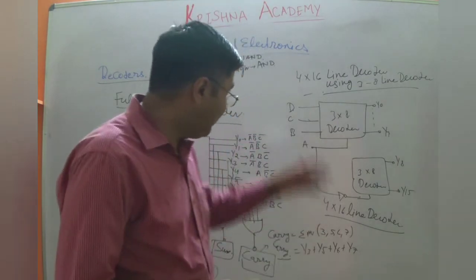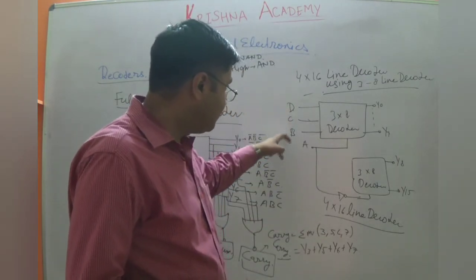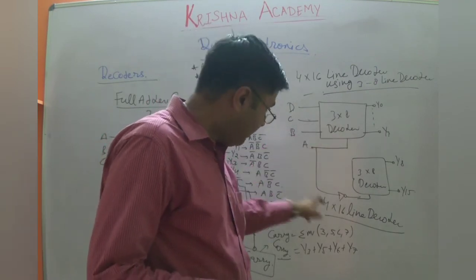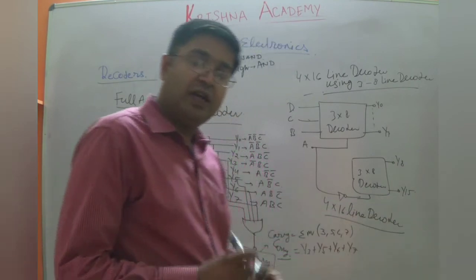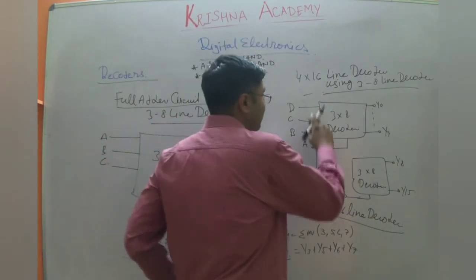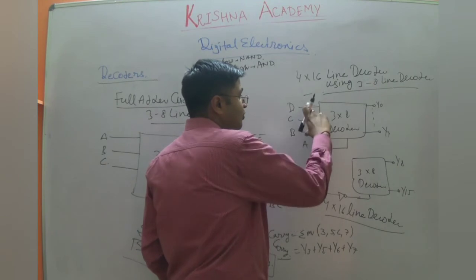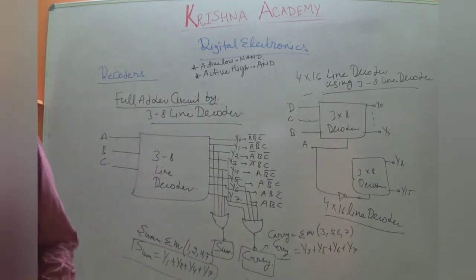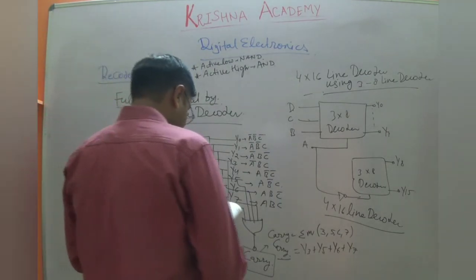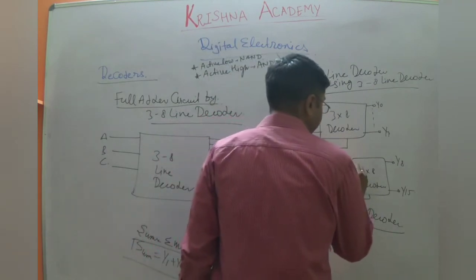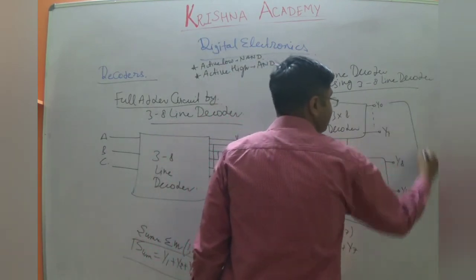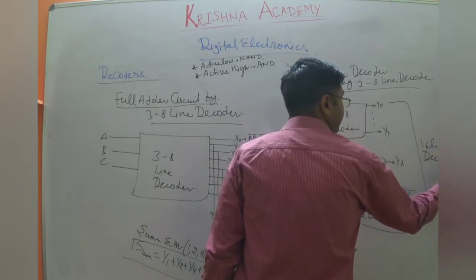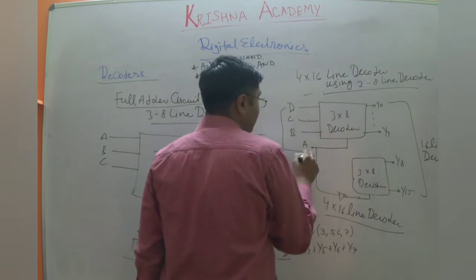You can actually implement this circuit where these four inputs, this one is the enable input for this one, and inverted enable input for this one. So 3 were used like this, and the other were used like this, and you will get the output as the 16 line decoder, where the number of inputs are 4.